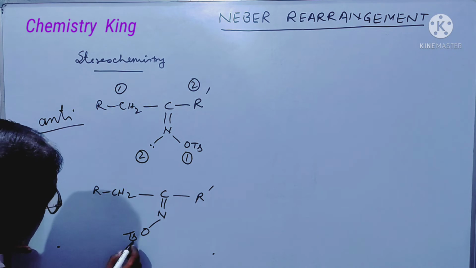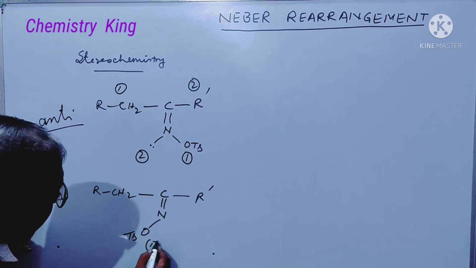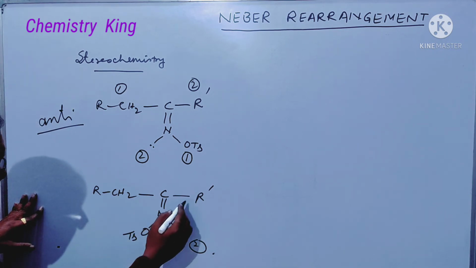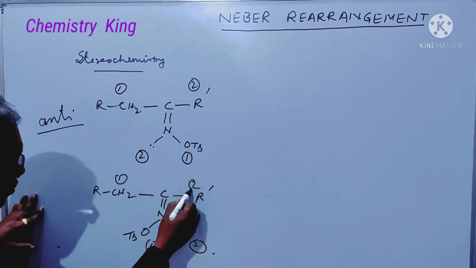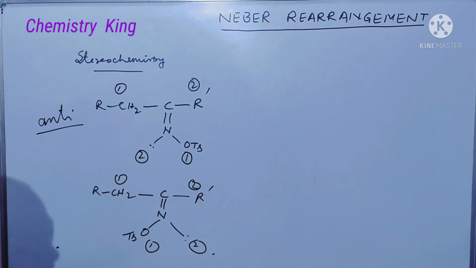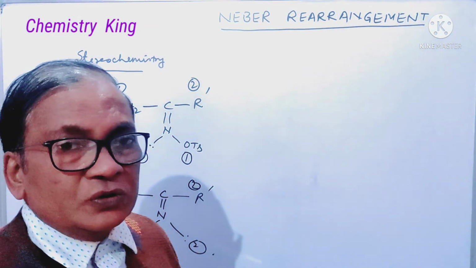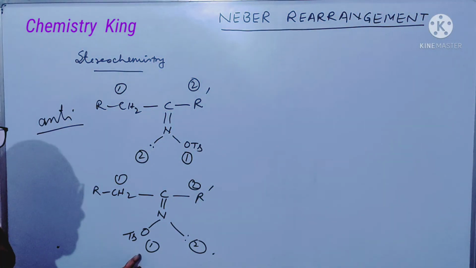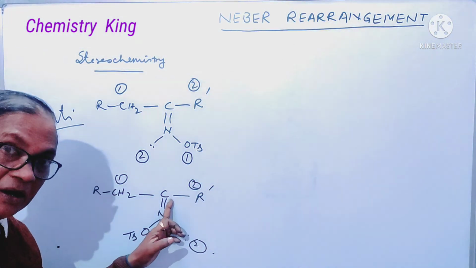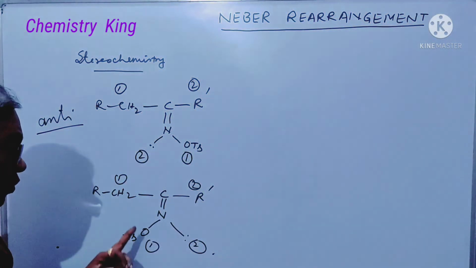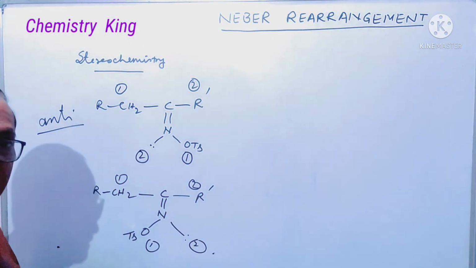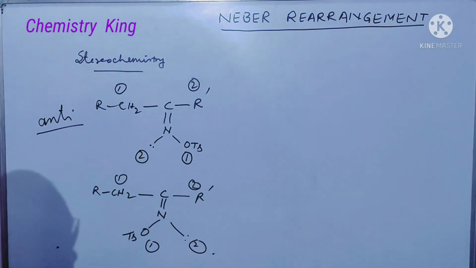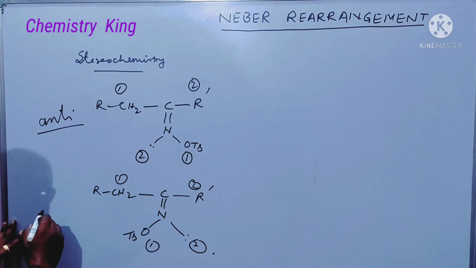And here priority 1 and priority 2, and here priority 1, priority 2. The 2 groups of higher priority are in same side of the double bond, carbon nitrogen double bond, so it will be syn.